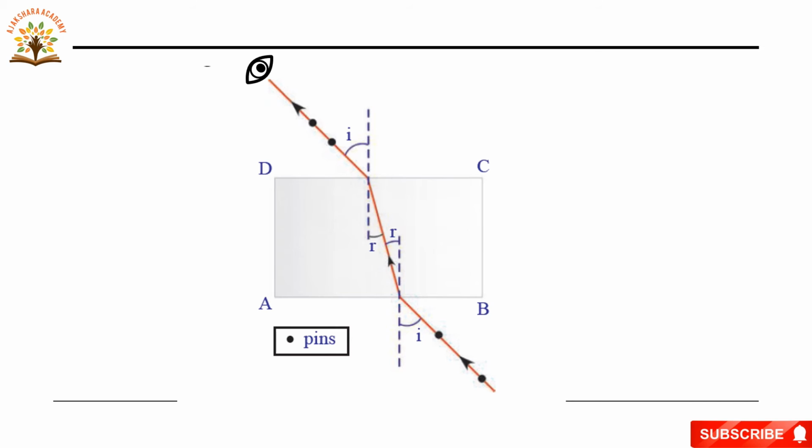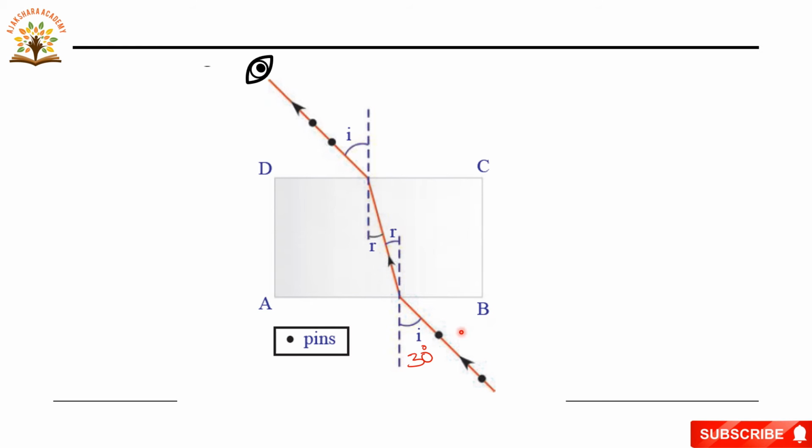This is the incident ray and this is the normal, and the angle between the incident ray and the normal is known as the angle of incidence. The letter I denotes the angle of incidence.